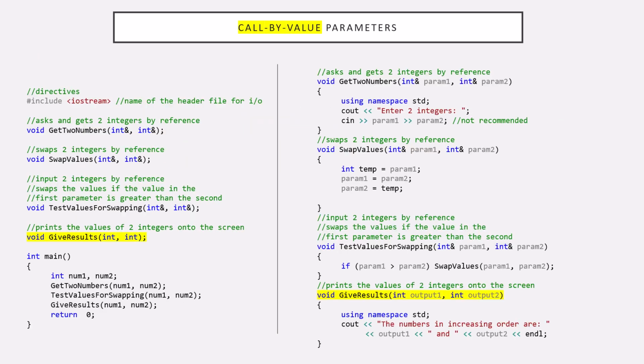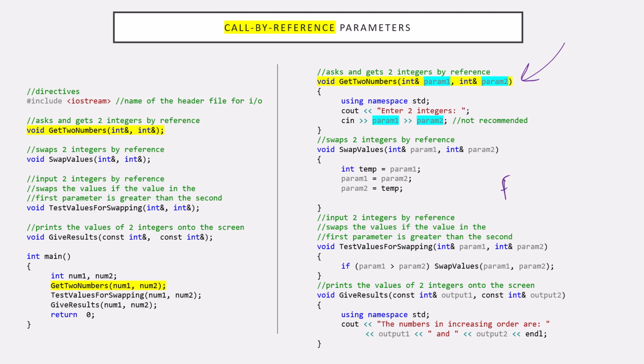All right, so here, again, these are call by value parameters, so they make their own copies. And these are call by reference parameters because they have ampersands. Now, in this example, all the functions have either call by reference parameters or call by value parameters, but it is possible to have a combination of call by value and call by reference parameters.